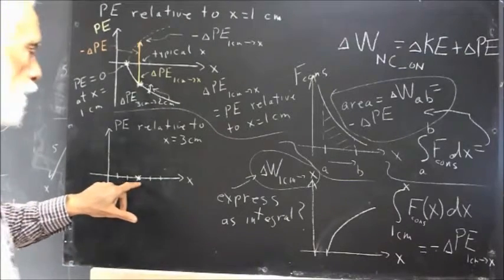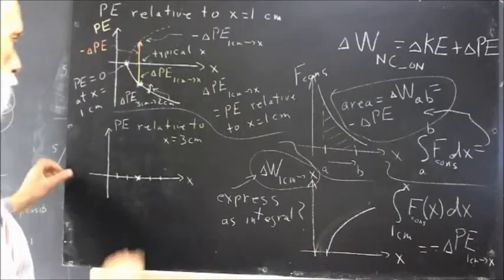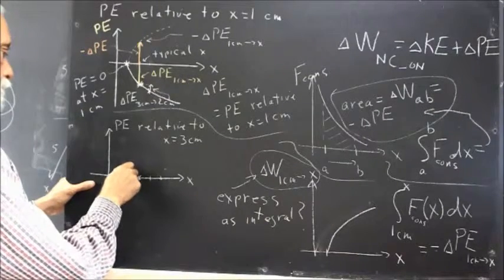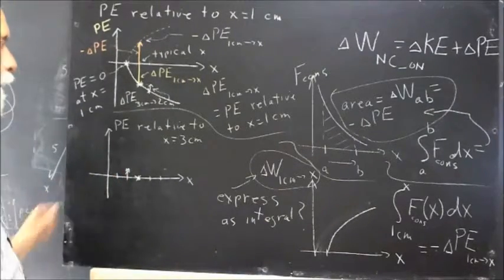So from the 3 centimeter position to the 2 centimeter position, we have a change in potential energy that goes like this, which gives us this point on this graph.